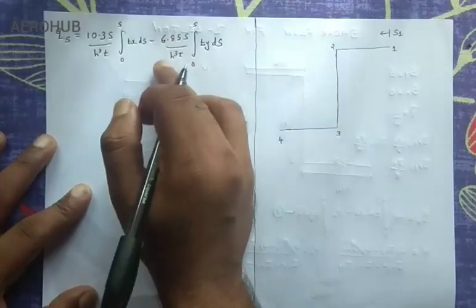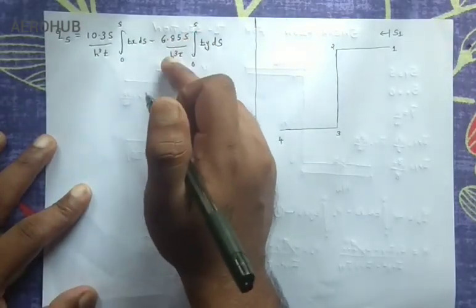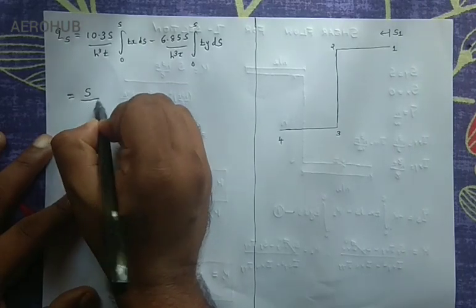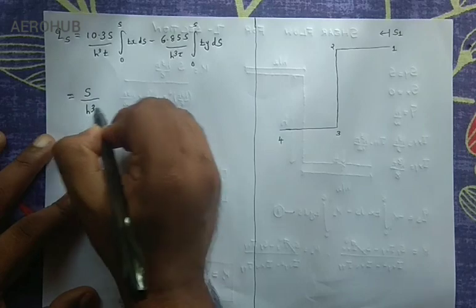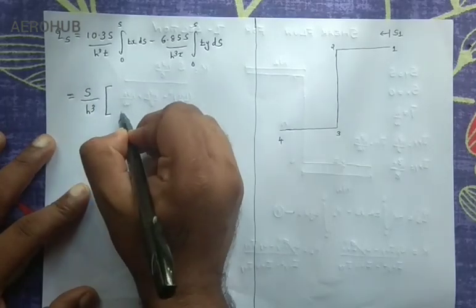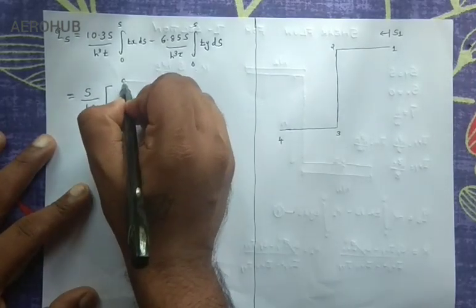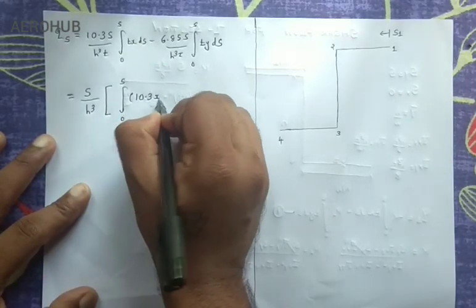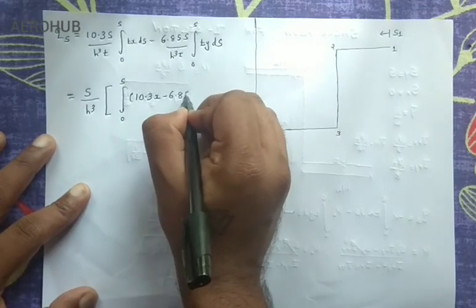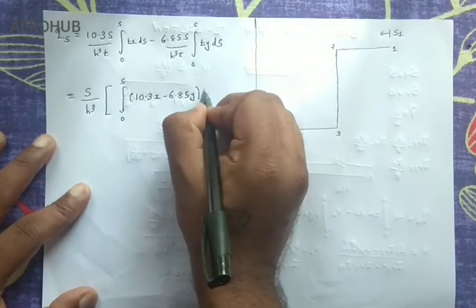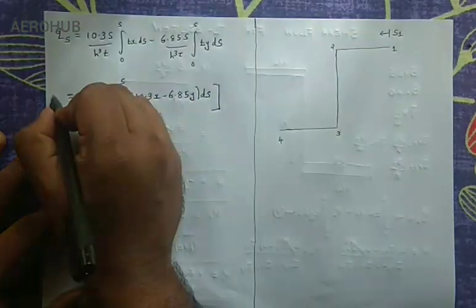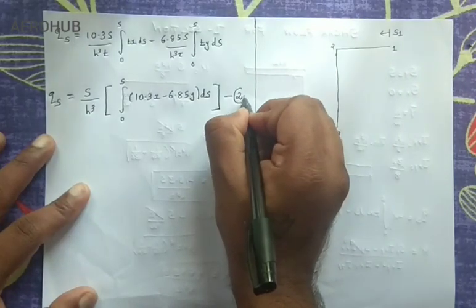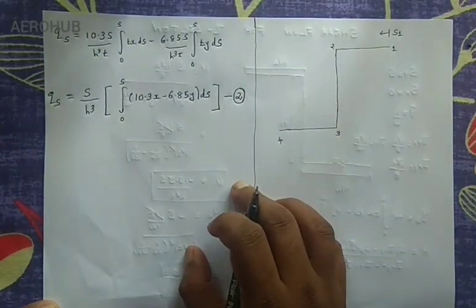S by h cube is constant for both the x and y terms, so I can take S by h cube outside, into the integral 0 to s of (10.3x minus 6.85y) ds. This is the expression to find the shear flow distribution of the given Z section.